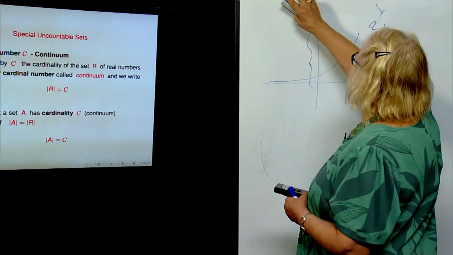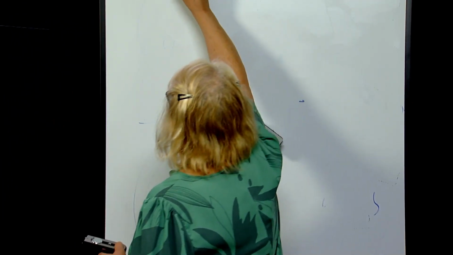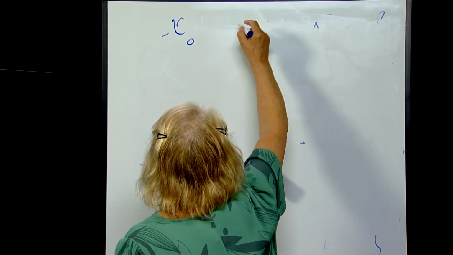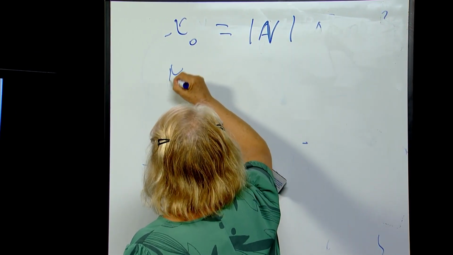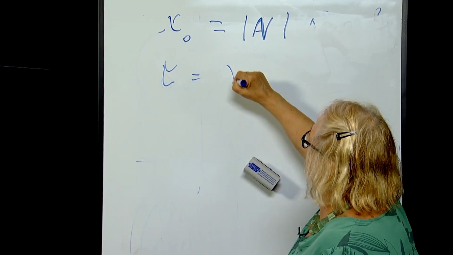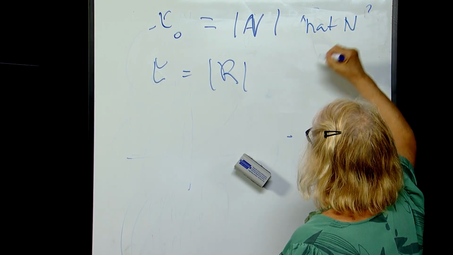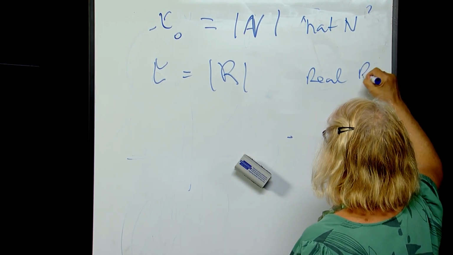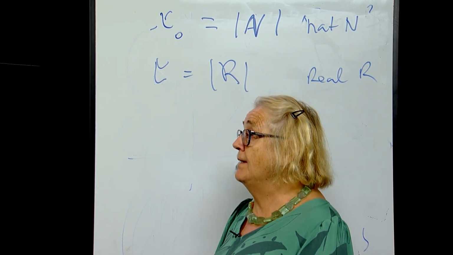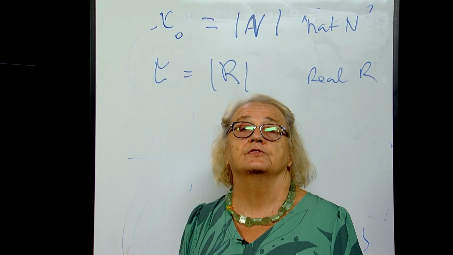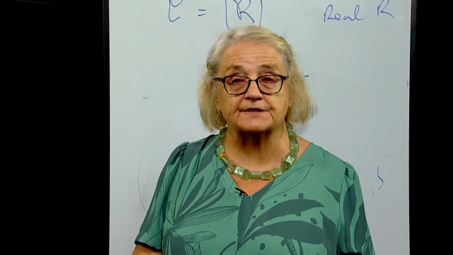We already have the cardinal number aleph null, the cardinality of natural numbers, and you have C, the cardinality of real numbers R. And we have certain uncountable sets of cardinality C.